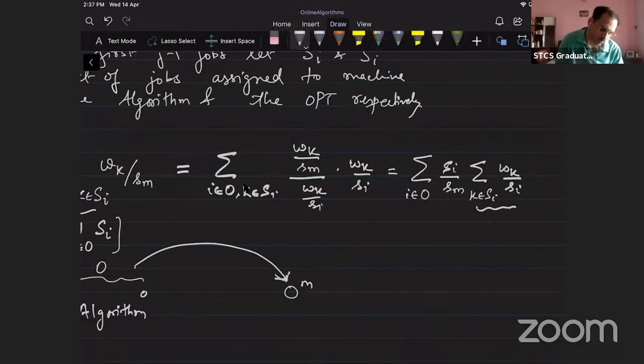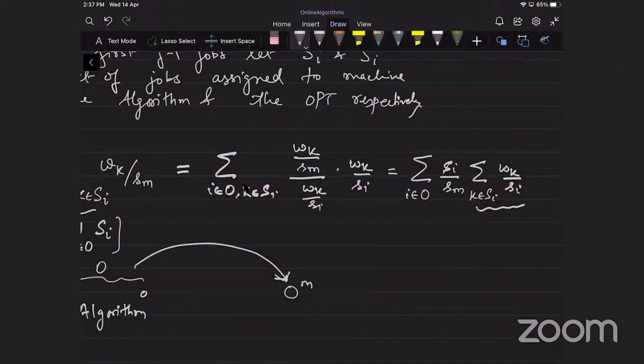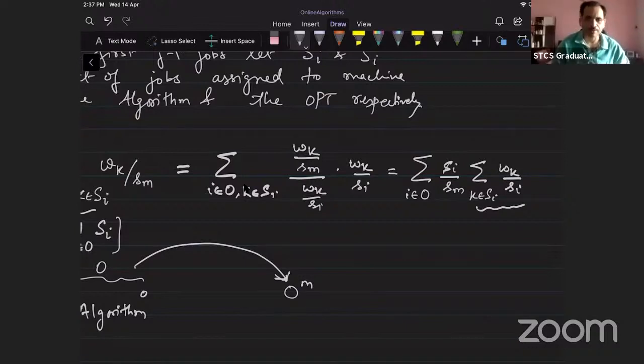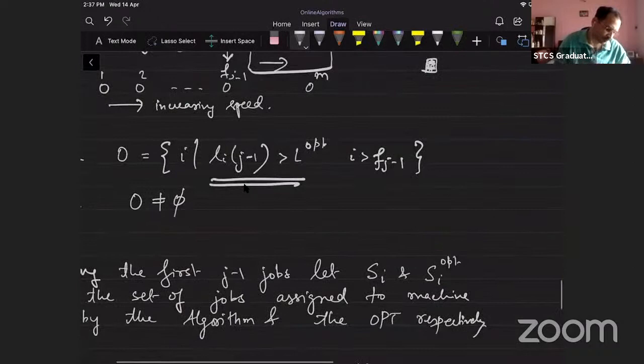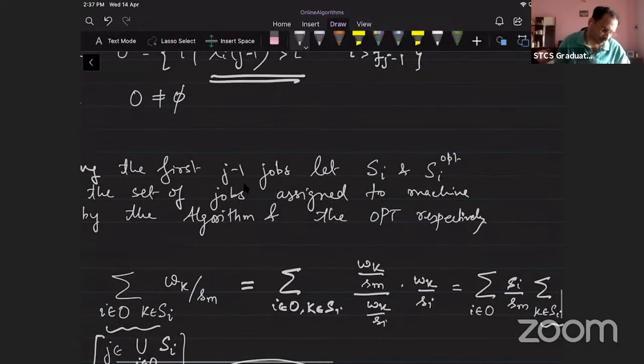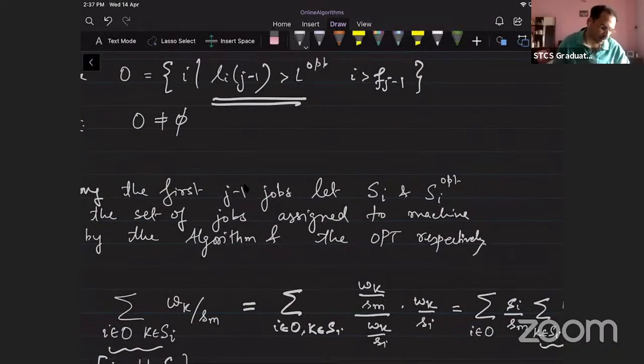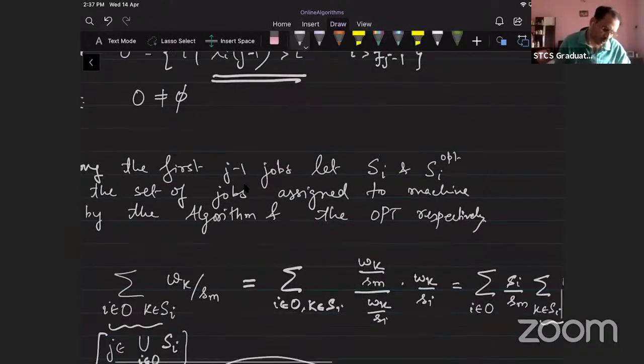Now, what can you say about this quantity? It is the load of machine i. Yes. Can you lower bound it somehow? Remember, i belongs to O, and the definition of O is that they are all overloaded machines. So Li of j minus 1 is greater than LOPT.